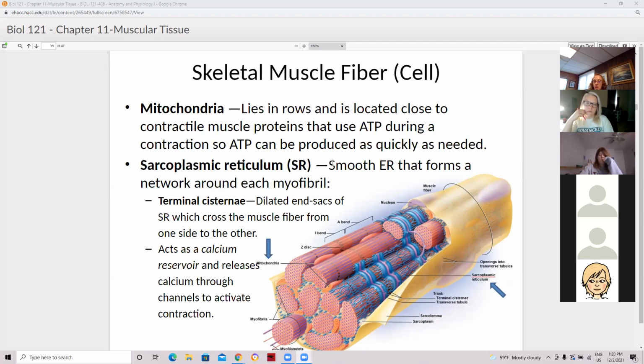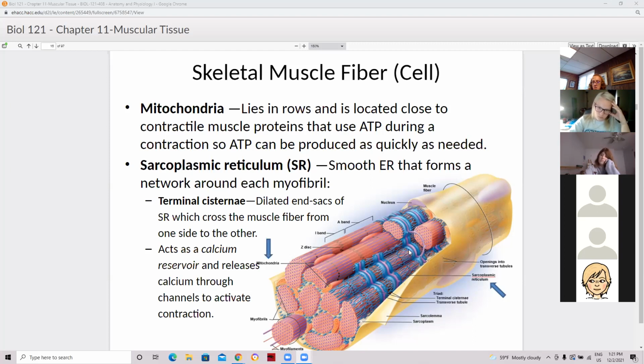Sarcoplasmic reticulum is a specialized smooth endoplasmic reticulum that forms a network around each myofibril. It contains terminal cisternae, the dilated end sacs of the sarcoplasmic reticulum. Looking here, the blue is the sarcoplasmic reticulum.